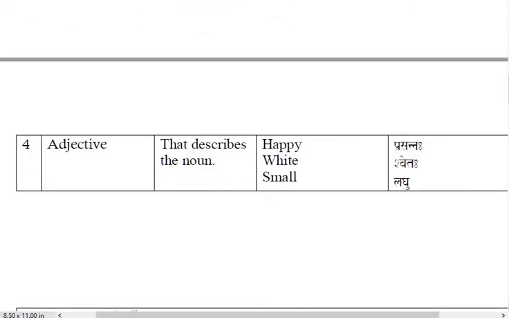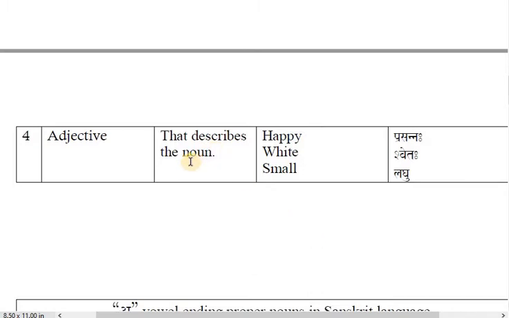Now adjective is that which describes the noun, right? How the thing is, how the object is: fat, small, long, short, like this. So happy, white, small, all these words are describing the things, the objects. So those are called adjectives.